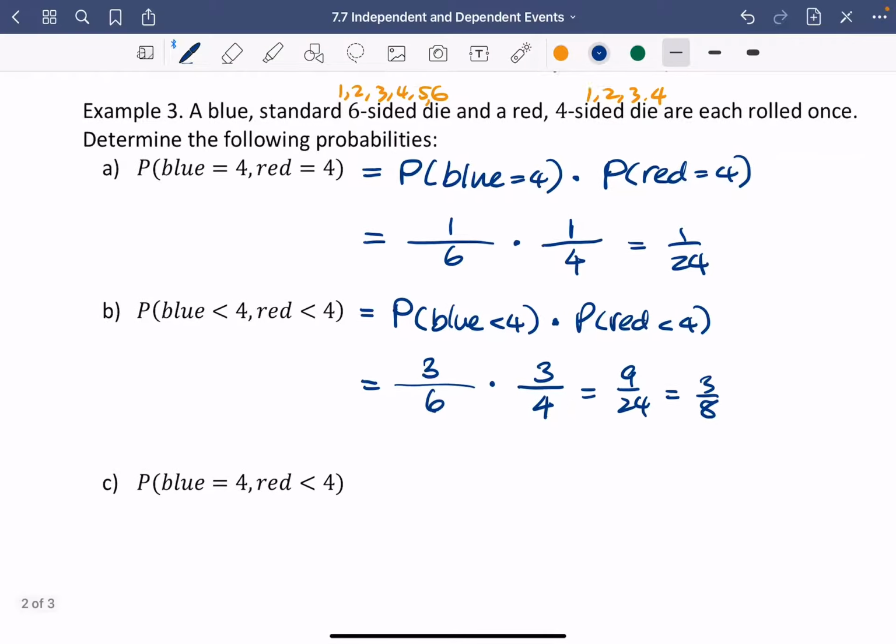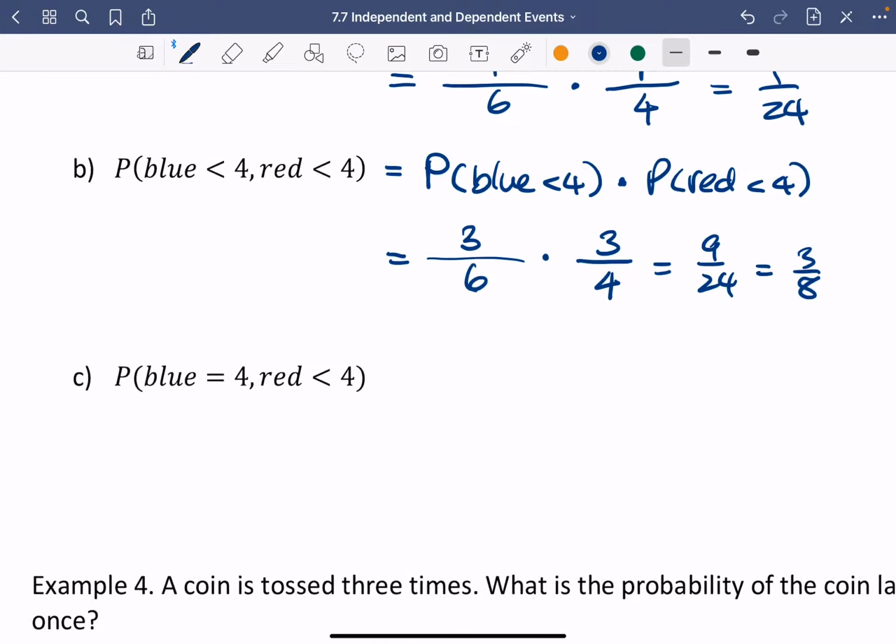Okay. Last one. The probability of getting a blue equal to 4 and red less than 4. Blue equal to 4 and red less than 4. So that's the probability of blue equal to 4 times the probability of red less than 4.